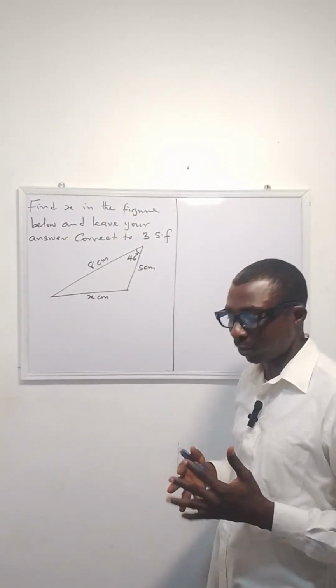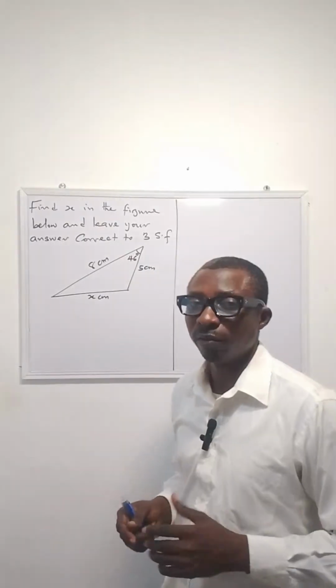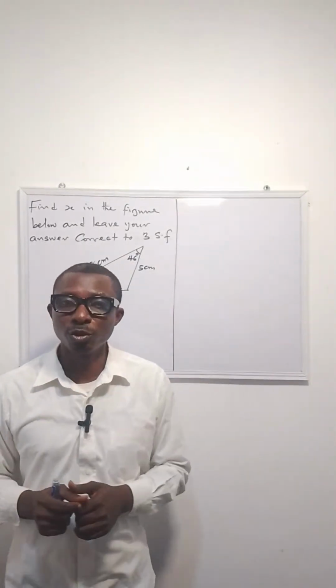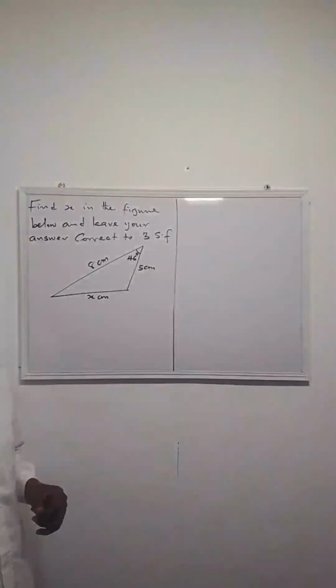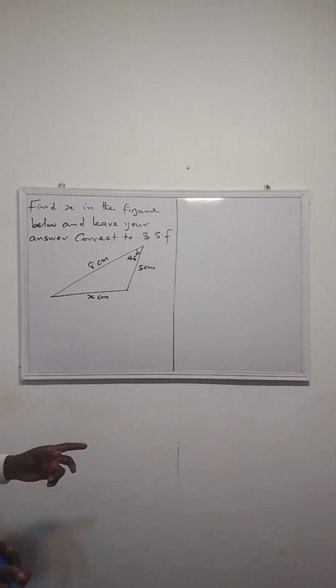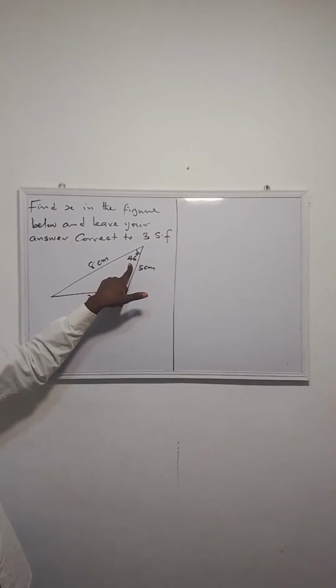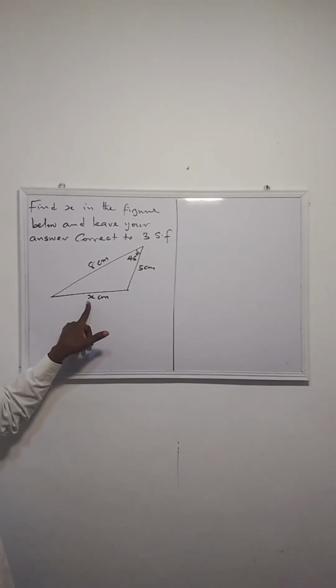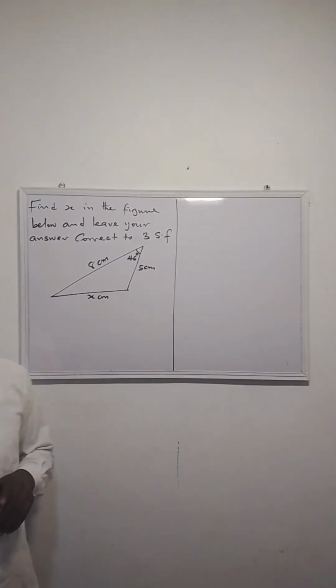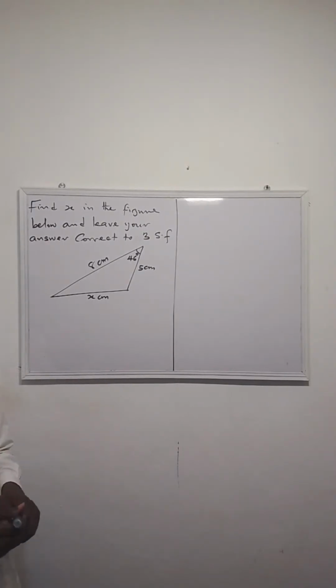And don't forget what I told you the last time, that if you have to use sine rule, you must be able to show me an angle and its side. Now look at this. I have just only one angle, but the side is what I don't know. So that means I can't use sine rule. Now what comes to mind is cosine rule.